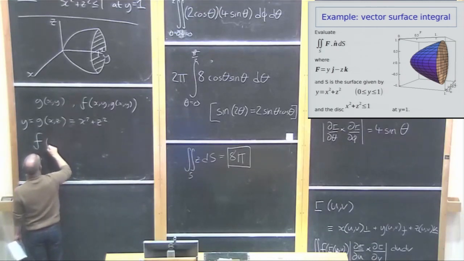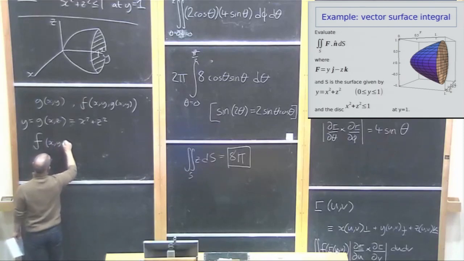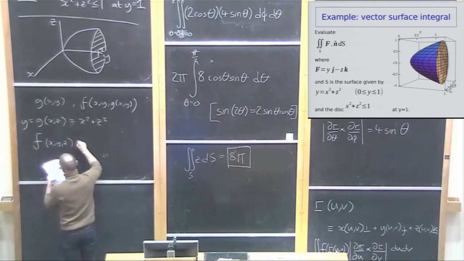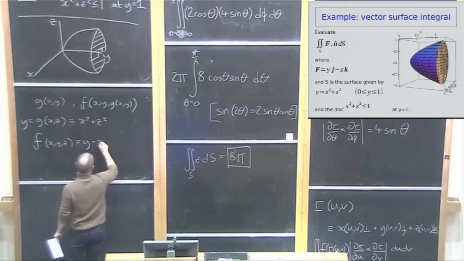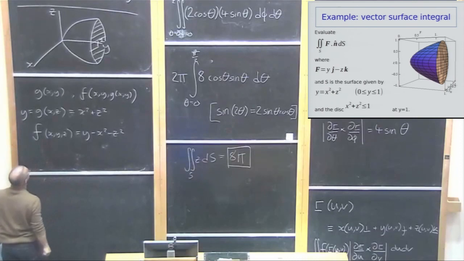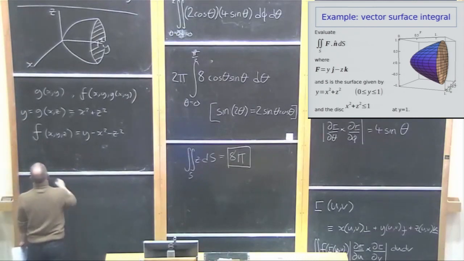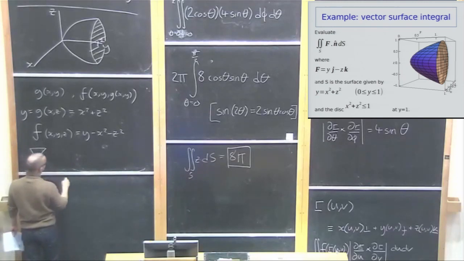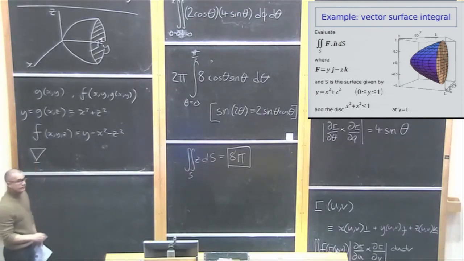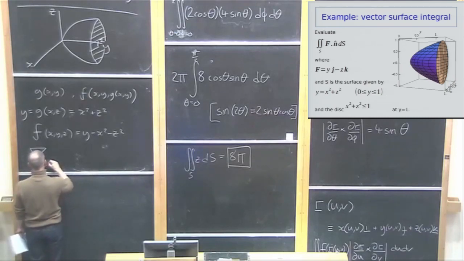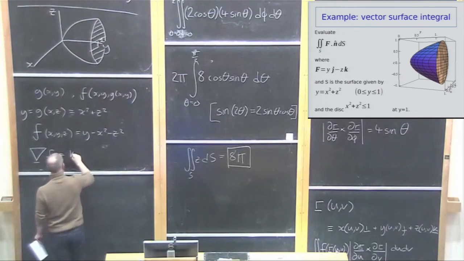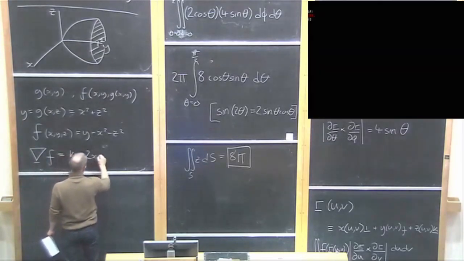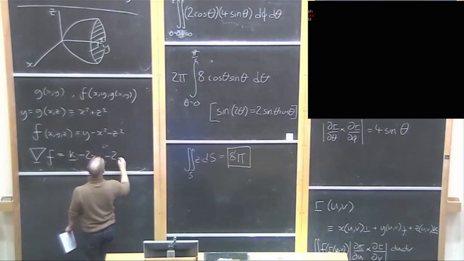If we have some function of x, y, z, this equals y minus x squared minus z squared. And then we want to take the gradient of this 3D scalar field, which is going to give us a normal to this surface, just as we were discussing in previous lectures. So we take the gradient of this. The gradient of this is j minus 2xi minus 2zk.